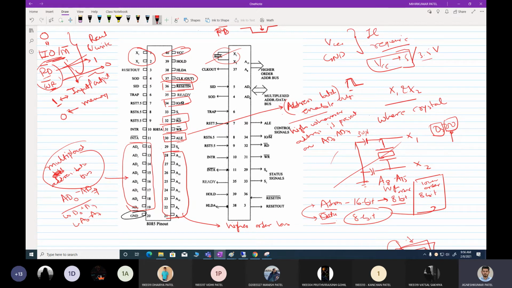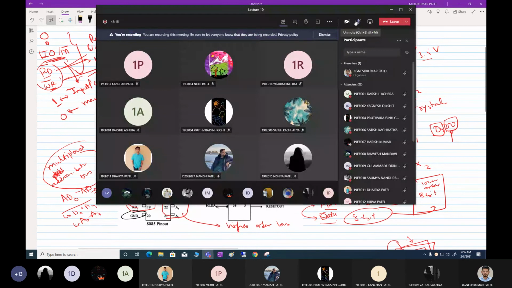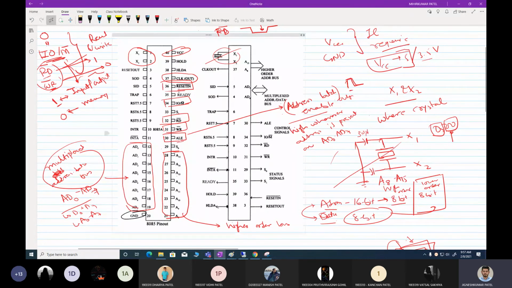If you provide a low signal on that pin, just a moment. So here we have this reset pin.